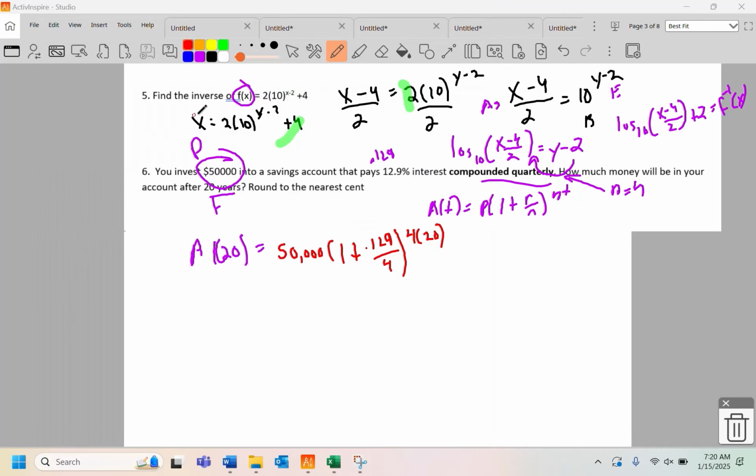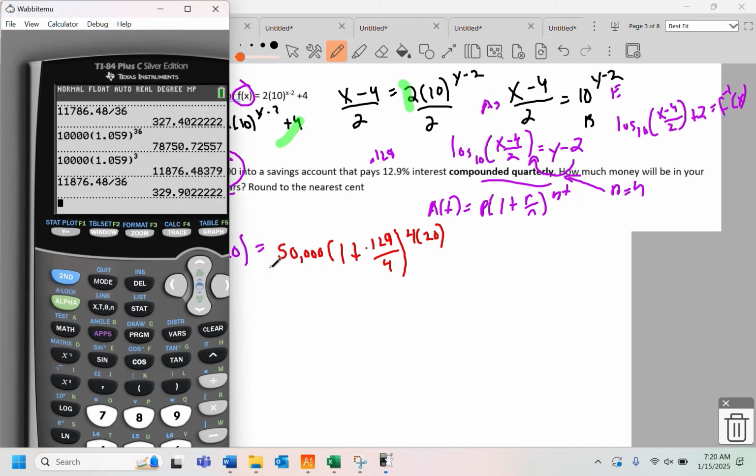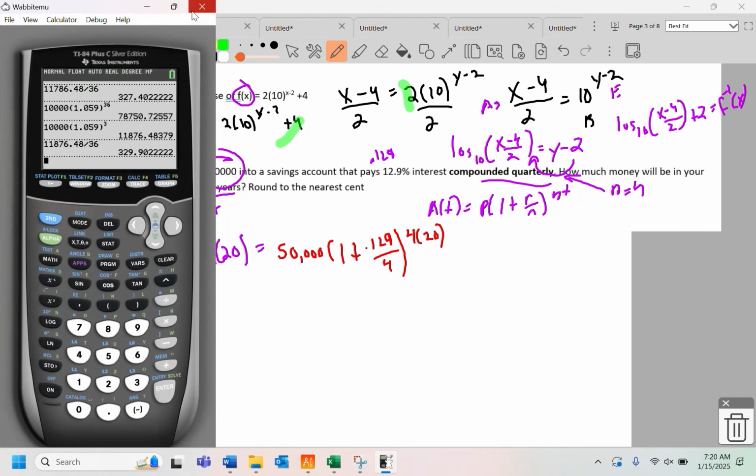I know that's a big giant if. See, we have 50, 1, 2, 3 times 1 plus 0.129 over 4, raised to 4 times 20, and if you don't know 4 times 20 is 80, shame on you.